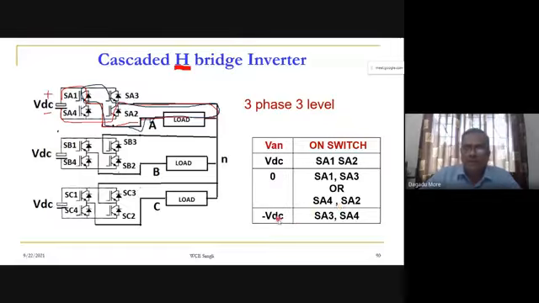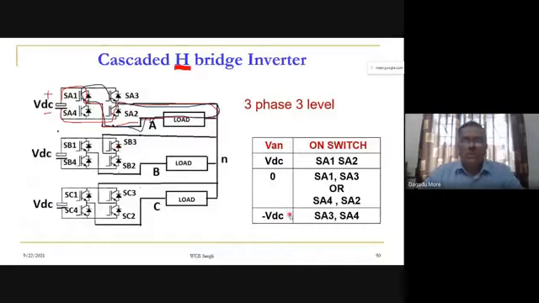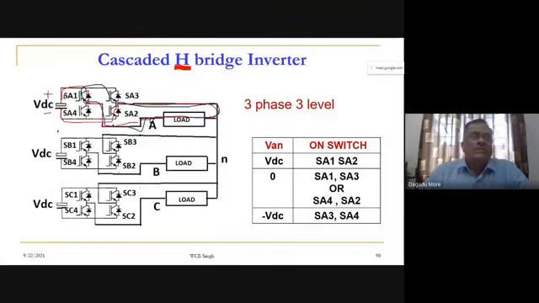And now we can obtain minus VDC when SA3 and SA4 are on. Let us go for this, and I will use the highlighter here. Let us assume that SA3 and SA4 are on.